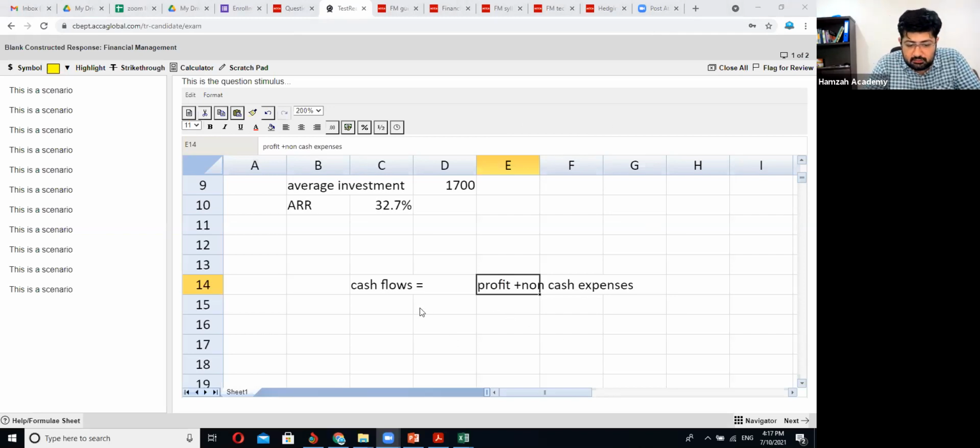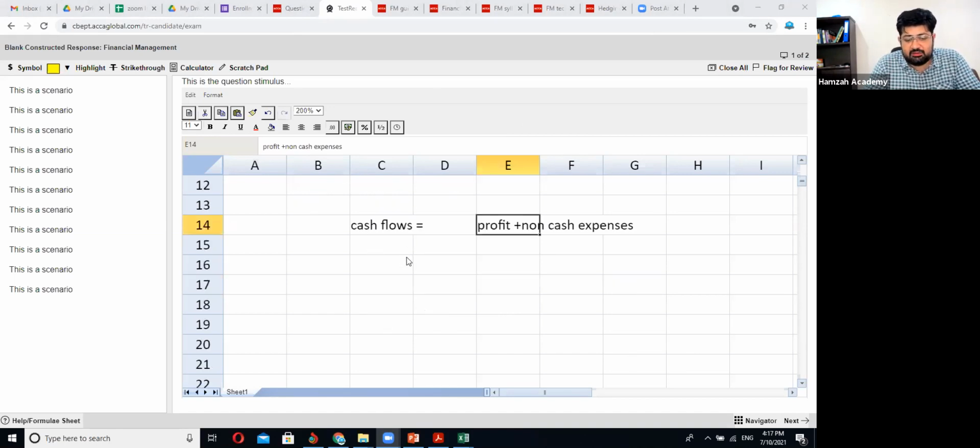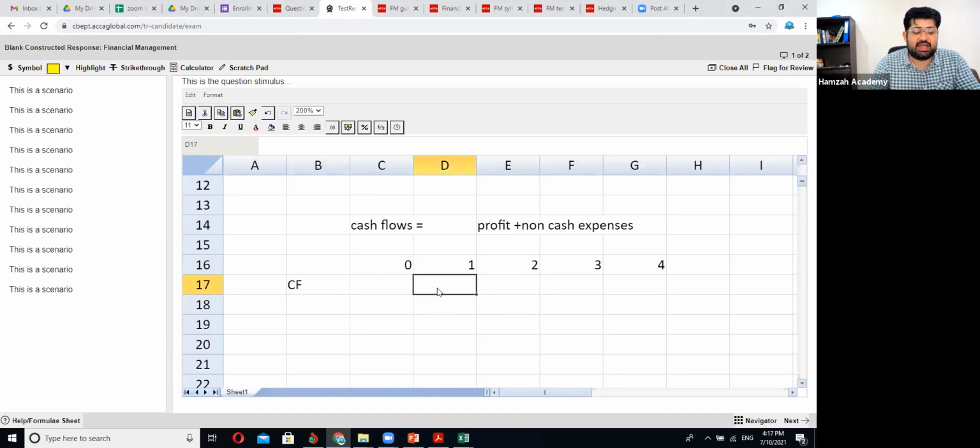Now, let us learn with a more complex example. For example, a project has the following cash flows: 690, 750, 1100, 1350.